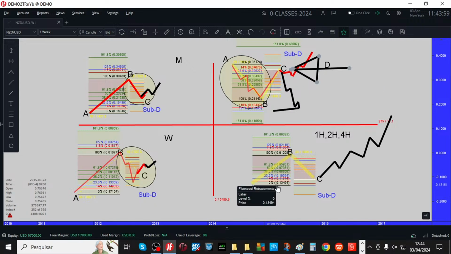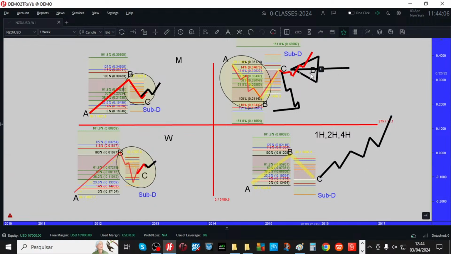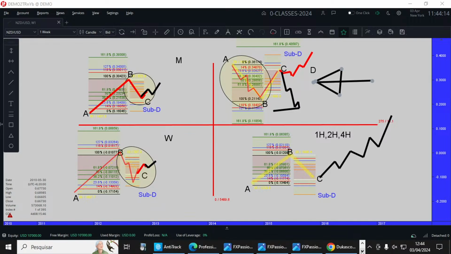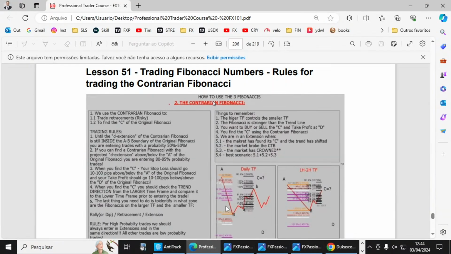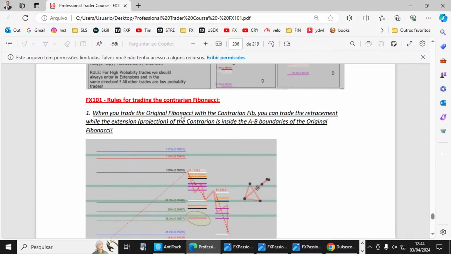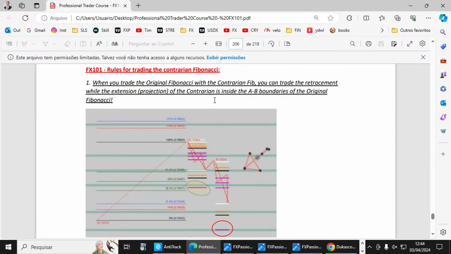Exactly, risk less, everybody. Oh, but it's a confirmed C. It doesn't matter. The retracement trades are riskier compared to the original Fibonacci and the extension trades. What does the manual say? Trading Fibonacci numbers, Forex course 101, rules for trading the contrarian.